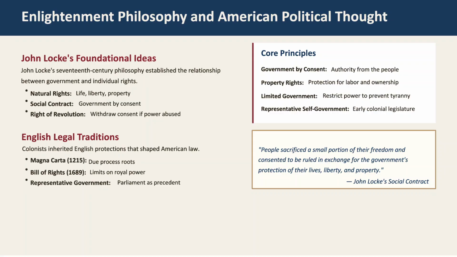He also proposed the concept of a social contract, where people consent to be governed in exchange for protection of these rights. What is also very important is that one part of his ideals was that if a government abuses its power, the people have the right to withdraw that consent to be governed.